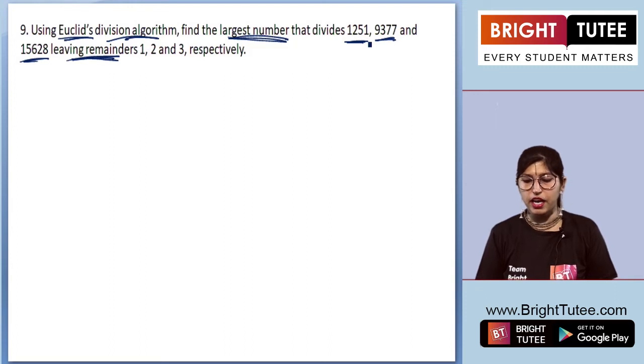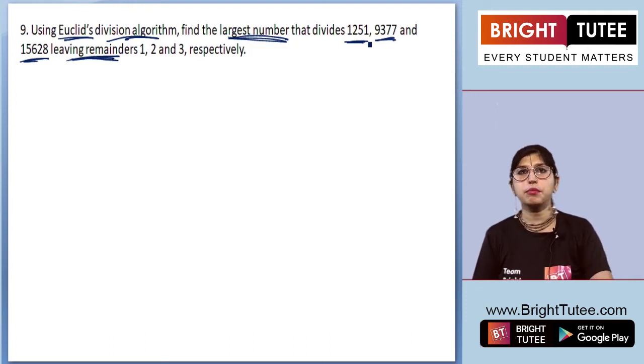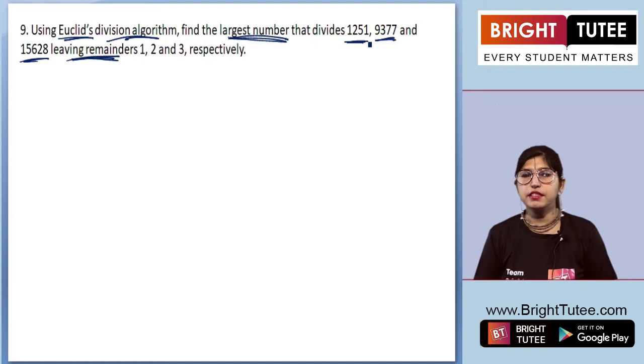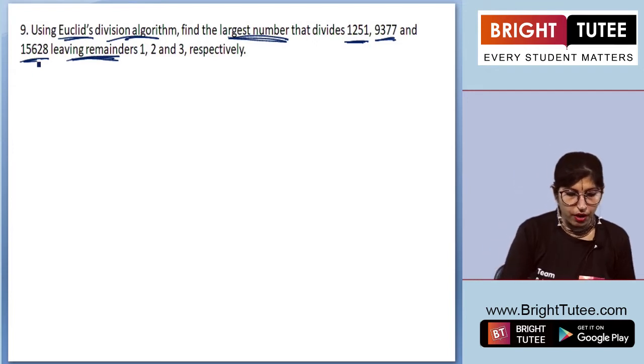Now we need to find the largest number. If we are talking about the largest number, that means we are talking about HCF, the highest common factor. So in this case, how do we go about it?